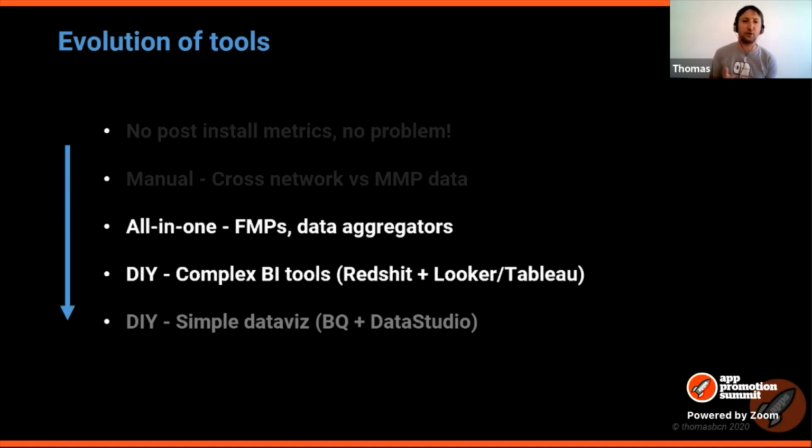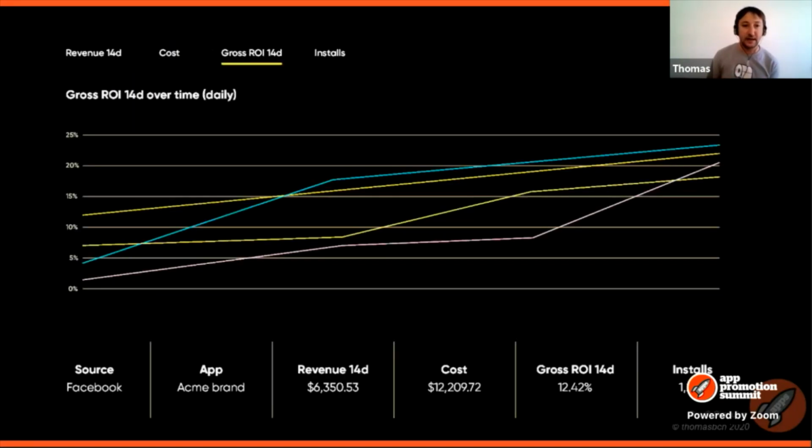So whether you're using an FMP, a data aggregator, or those complex BI tools, very often a data warehouse with Looker or Tableau on top, maybe Periscope or another one. Which, by the way, lately I'm seeing people re-simplify this whole thing very often with Data Studio. Not a big fan. I think Looker is a lot more powerful, but basically we need to know how to use these tools. Forget Excel.